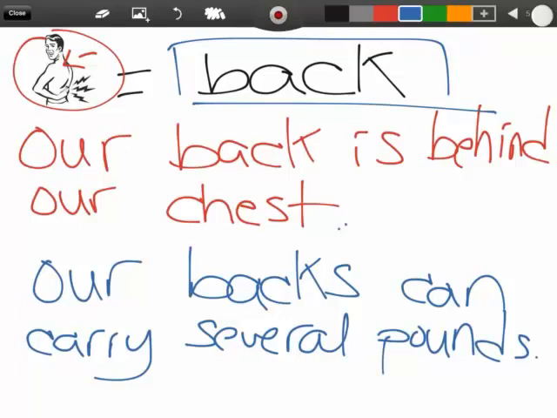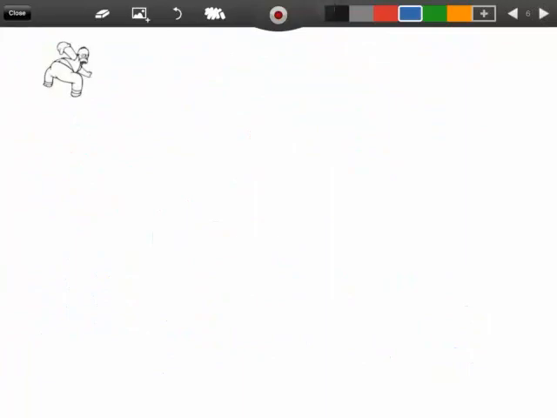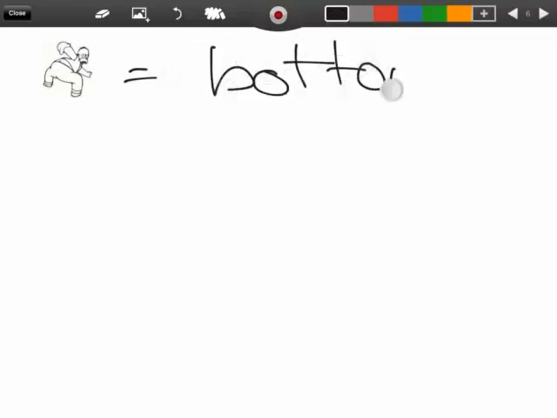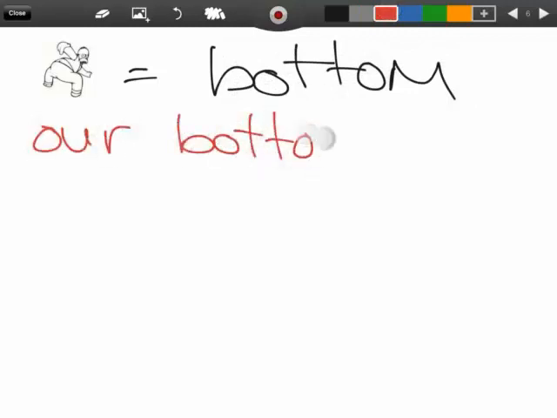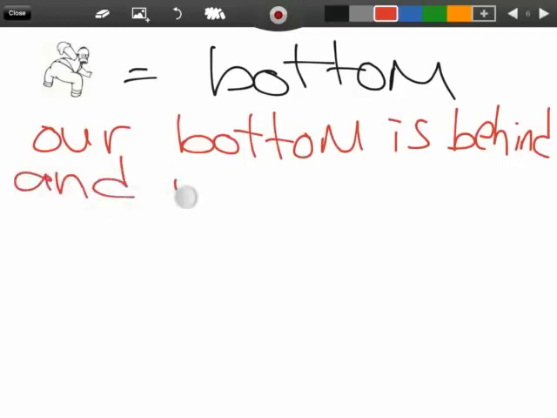Now, moving on to my next body part is, as you can see in the picture here, which is quite amusing, our bottom. And our bottom is behind and under our body.